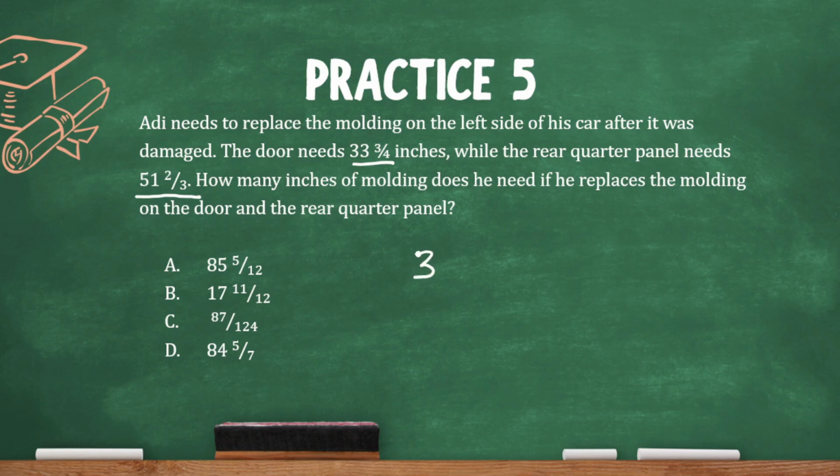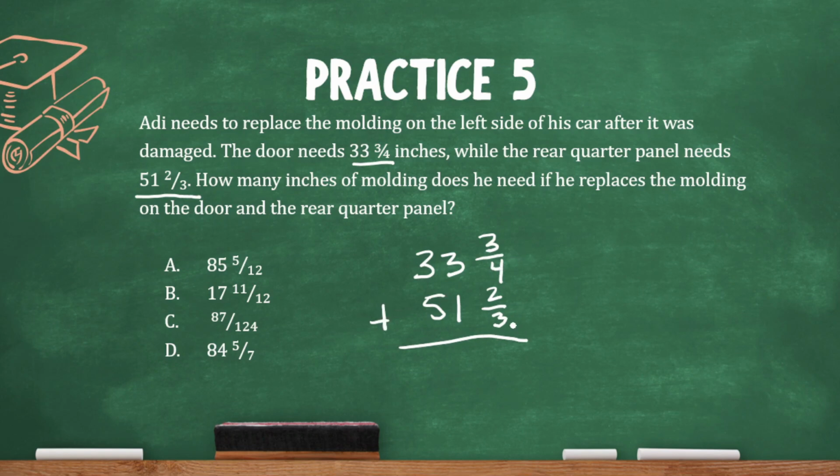So let's go ahead and add these fractions, and let's assume that this is on the no calculator section where you can't use your calculator. And let's remind ourselves how to add fractions with different denominators. So we've got our problem set up. We need to find a common denominator.